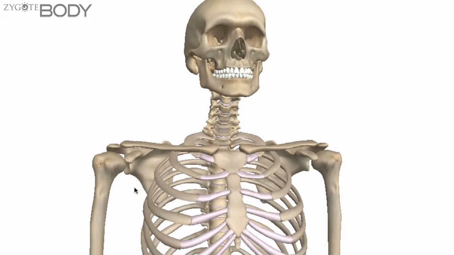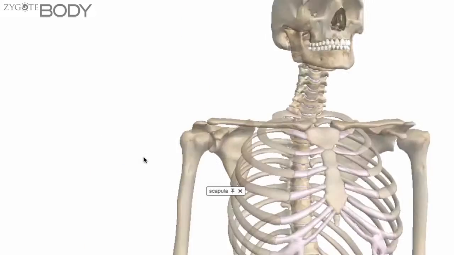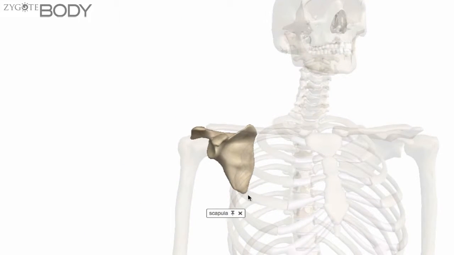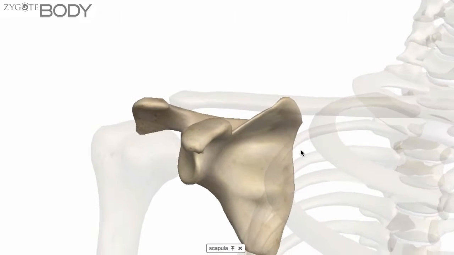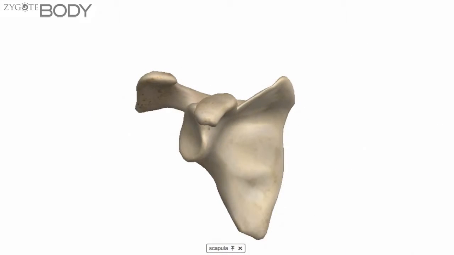So looking at the anterior side of the scapula, as you can see here, we're looking at the front of the scapula. I'm going to isolate it here and zoom in. Two processes are very important.